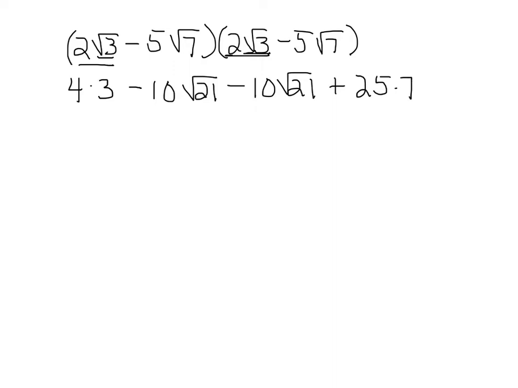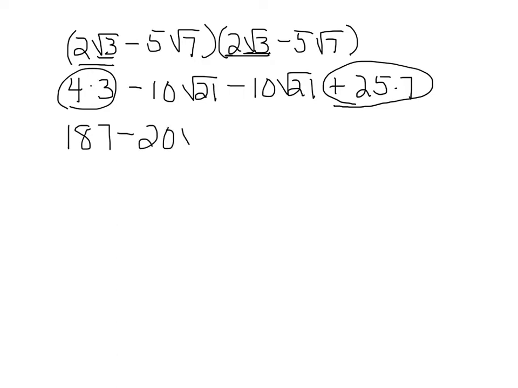So when I combine all of the constants together, I find out this number is 12, and this number is 175, and 12 plus 175 is 187, and this is minus 20 root 21.